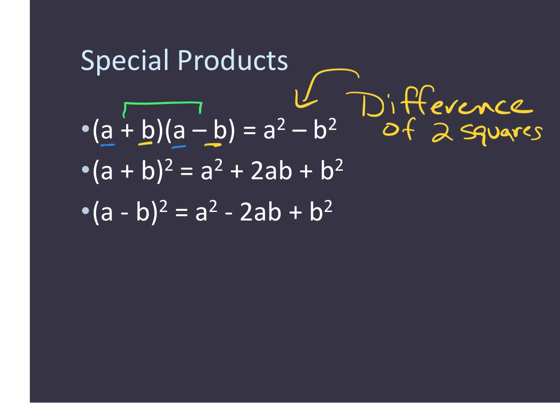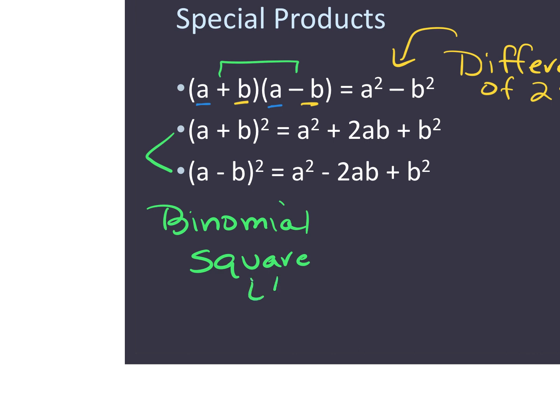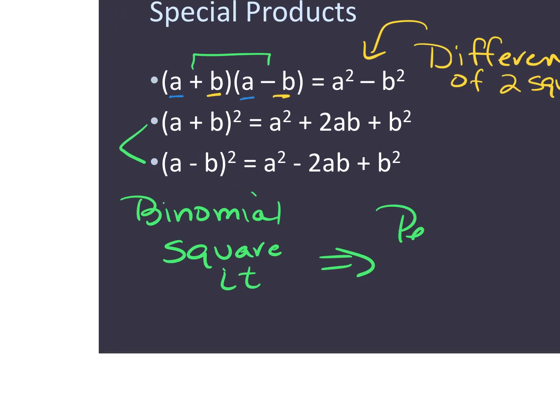Now the next two, notice these both have the binomial squared. So when you take a binomial and you square it, the answer becomes a perfect square trinomial.